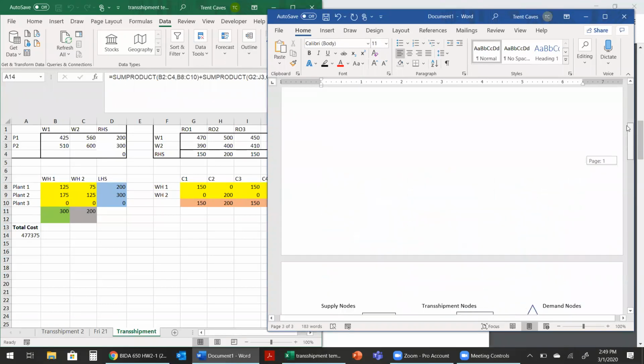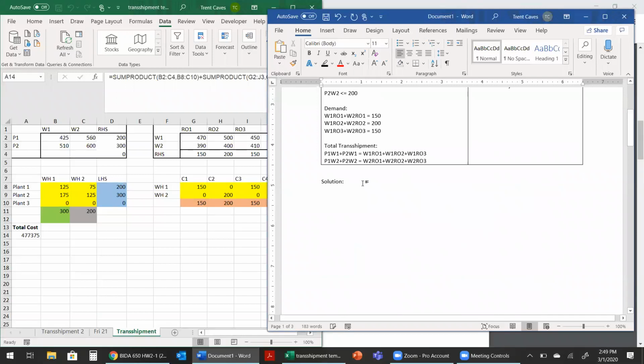The other option you have is to manually type out the solution and just fill that all in.